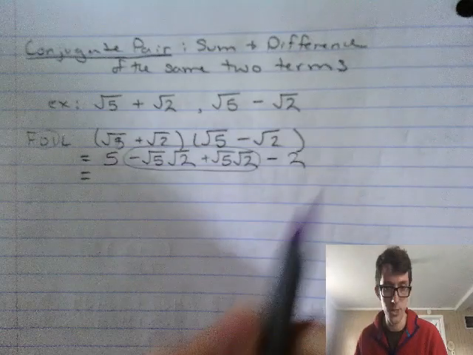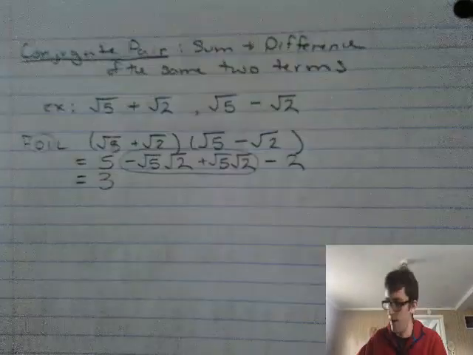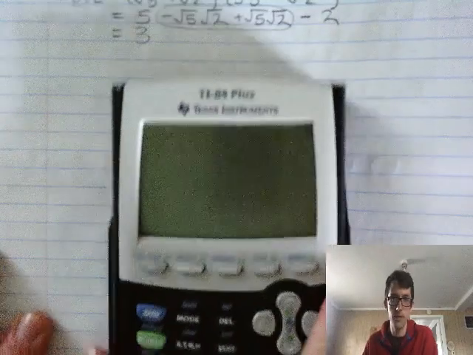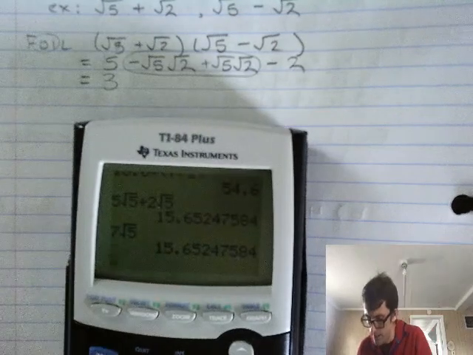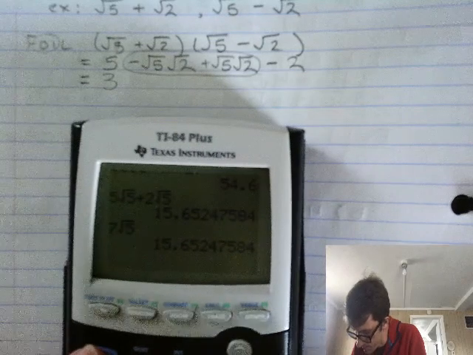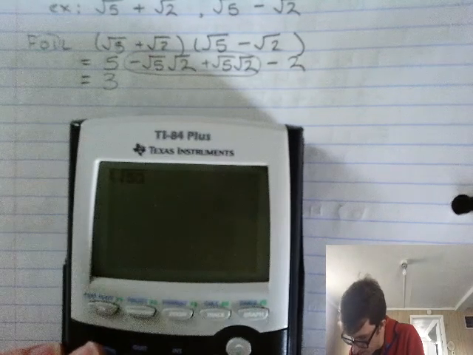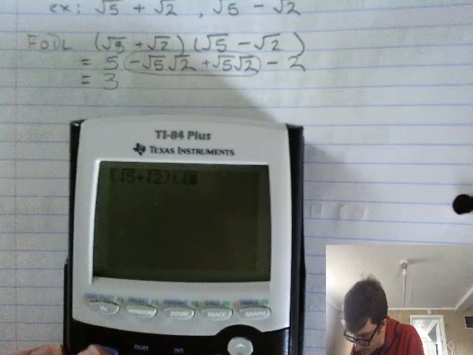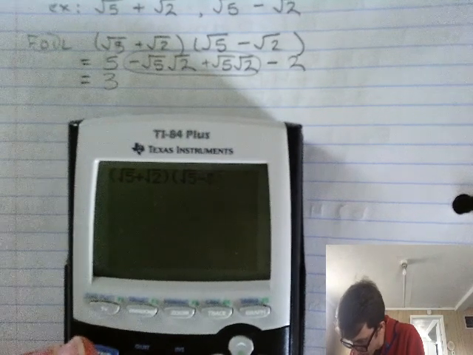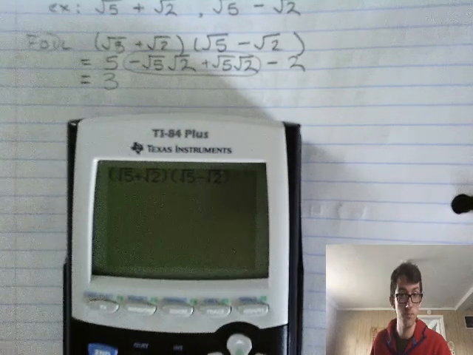So all we have to do is think to ourselves, what's 5 minus 2? It's 3. So even if I went through my calculator and typed this out, I don't expect you to do it. Just watch. Square root of, so I'm going to need some parentheses, square root of 5 plus the square root of 2 times the square root of 5 minus the square root of 2.